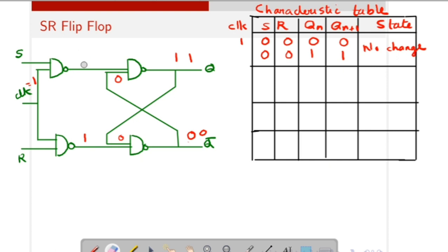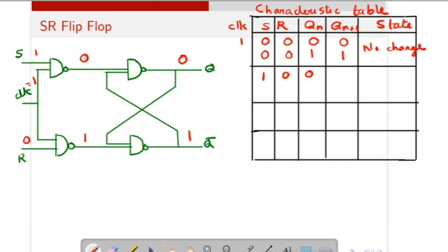S is equal to 0 and R is equal to 1. So here S is equal to 1 and R is equal to 0. Then present state is 0, so Q bar is equal to 1. Here one of the inputs is 0, so output is equal to 1. Here 1 1, output is equal to 0.